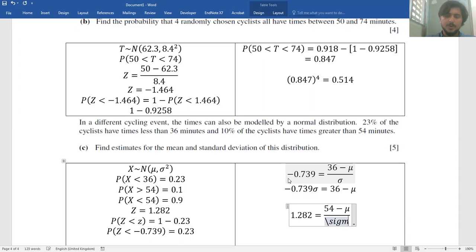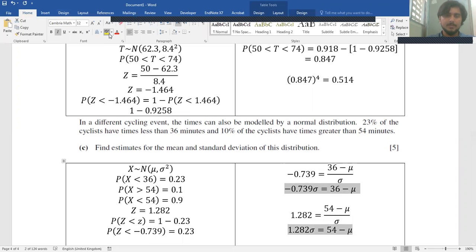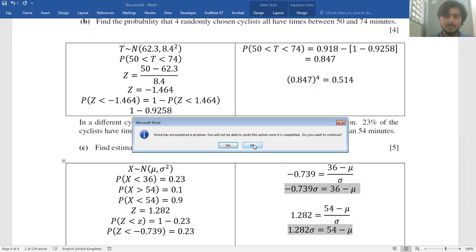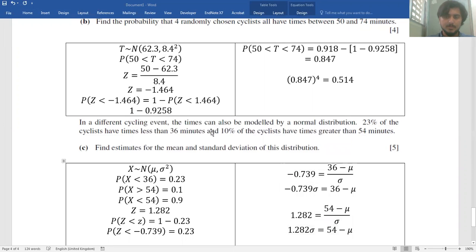So 1.282 sigma is 54 minus mean. Once we have these two equations, we solve them simultaneously.